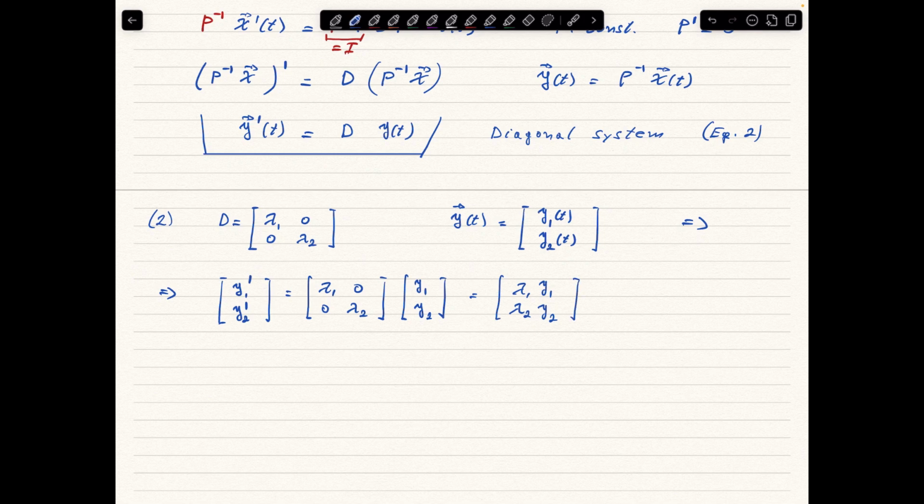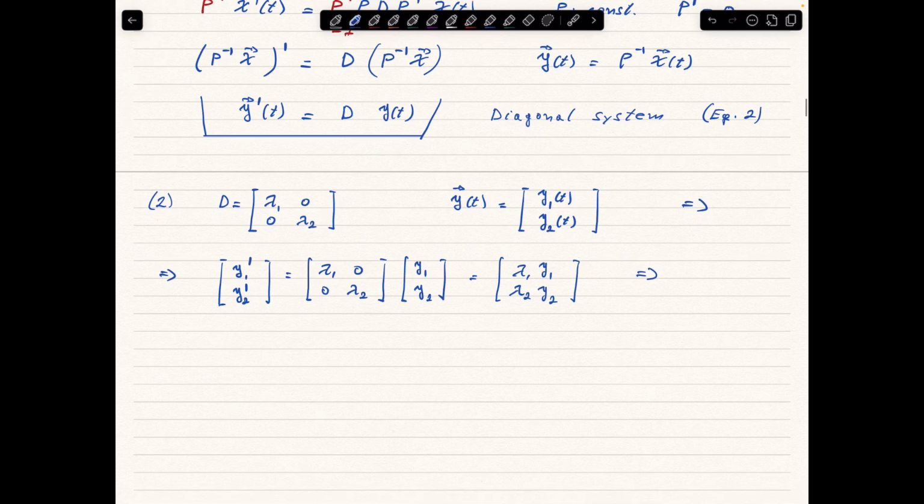So we end up with the decoupled system of equations: y1 prime of t is lambda 1 multiplied by y1 of t, and y2 prime of t is lambda 2 y2 of t.